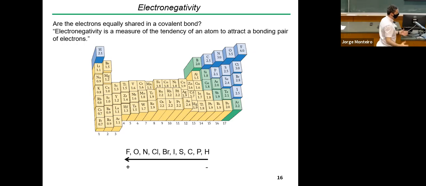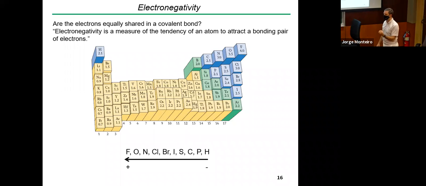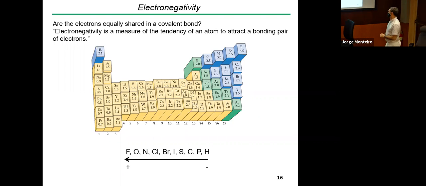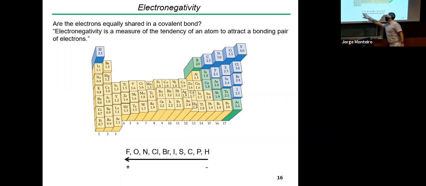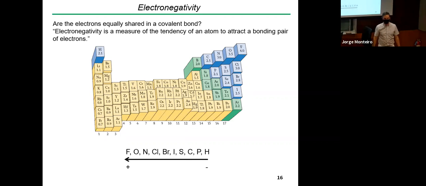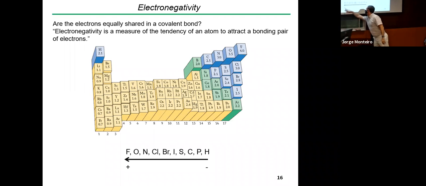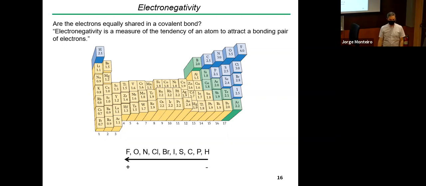Cesium is too large, it cannot attract anyone. On the other hand, fluorine is very small, very attractive. And remember the order: fluorine, oxygen, nitrogen, chlorine, bromine, iodine, sulfur, carbon, phosphorus, and hydrogen. Most to least electronegative. Okay?